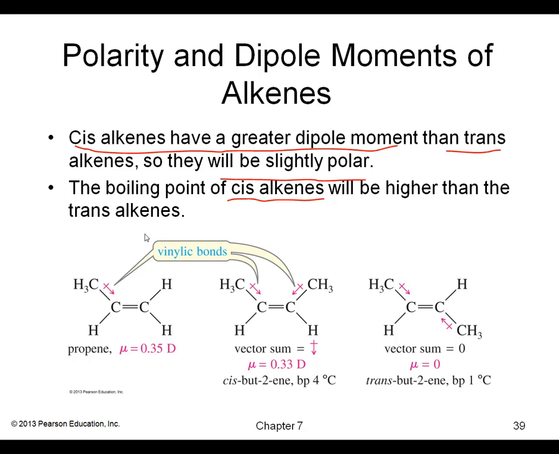So we see this kind of thing summarized here. See how the trans dipoles cancel, but the cis dipoles add up in the same direction to give you a small dipole moment, which helps to increase its boiling point over the trans.